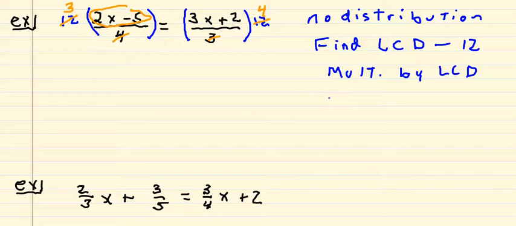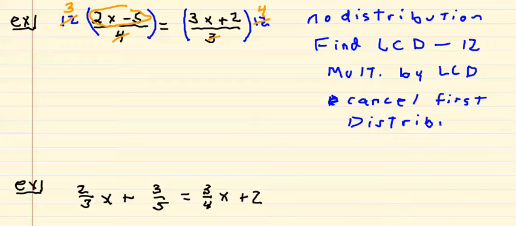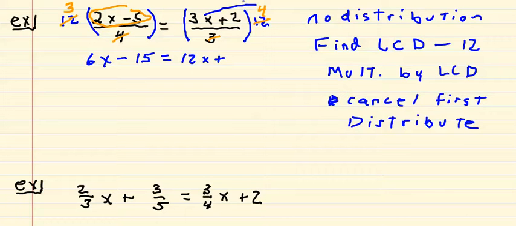So in this problem, I cancel first, and then I distribute. 3 times 2, 6x, minus 3 times 5, 15, equals 4 times 3, 12x, plus 4 times 2, 8.